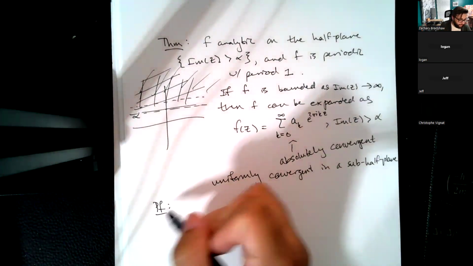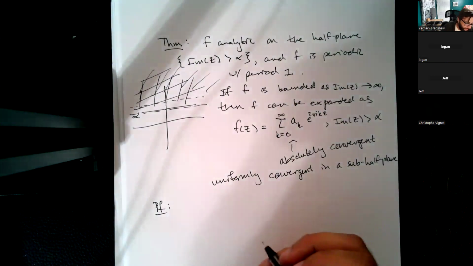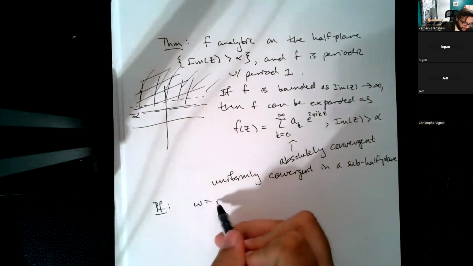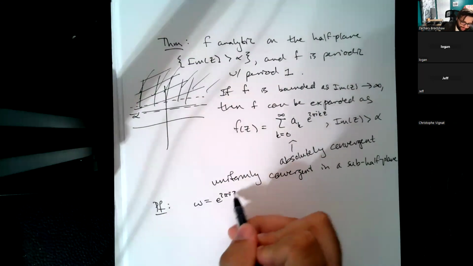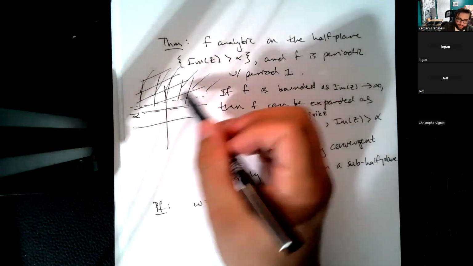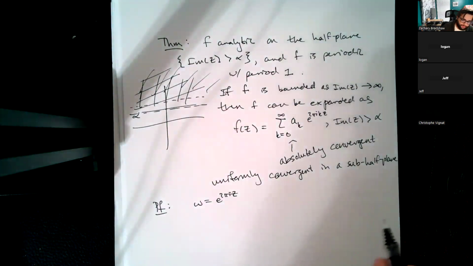Proof. So, well, it's basically the same. So in this case, the change of variable omega equals e to the 2 pi i z that we used before maps the half plane, not to an annulus, but to a punctured disk.